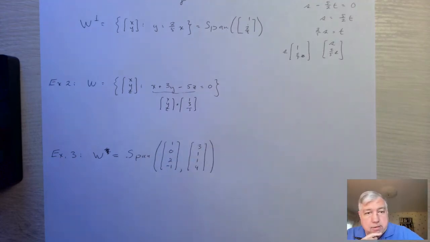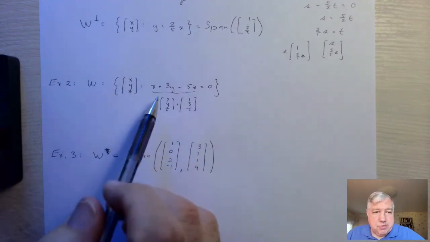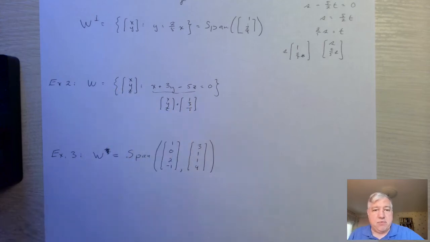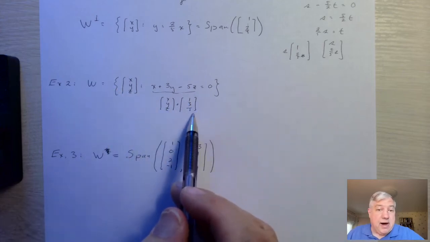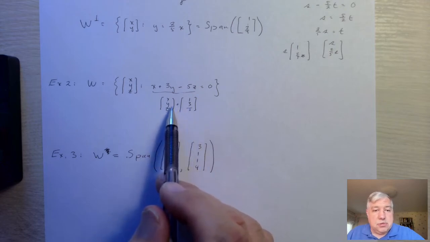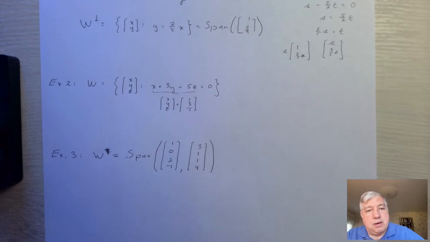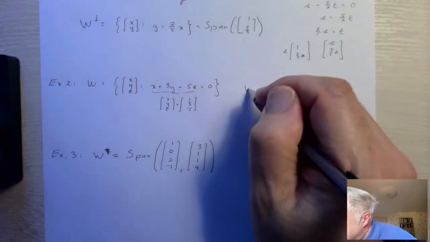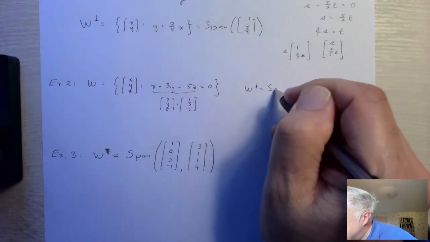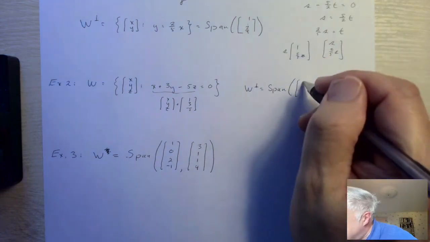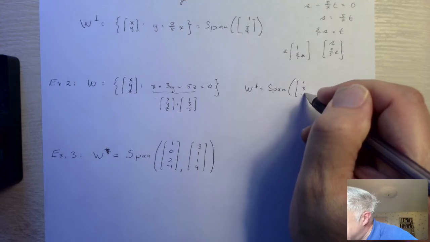So everything in W is orthogonal to 1, 3, negative 5, or if you will, 1, 3, negative 5 is orthogonal to everything in W. So we get that W perp is going to be the span of 1, 3, negative 5.